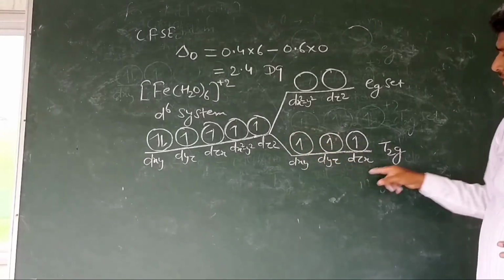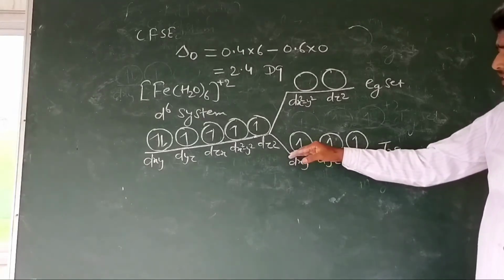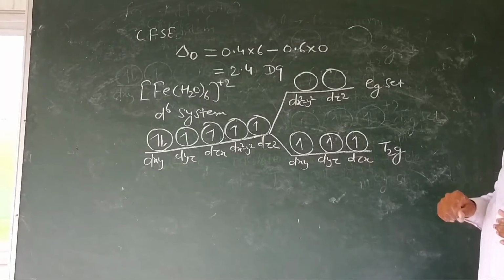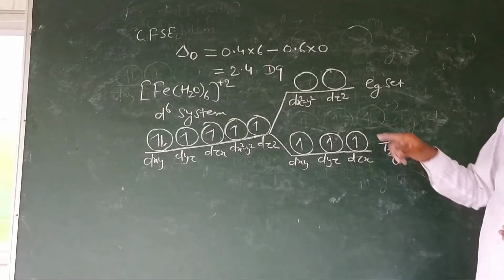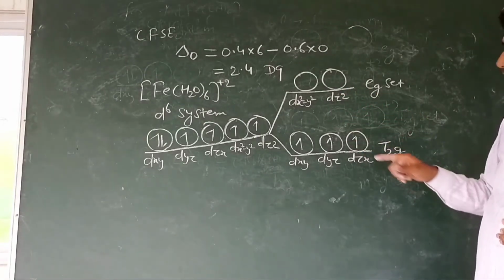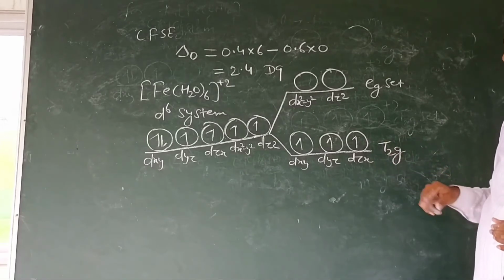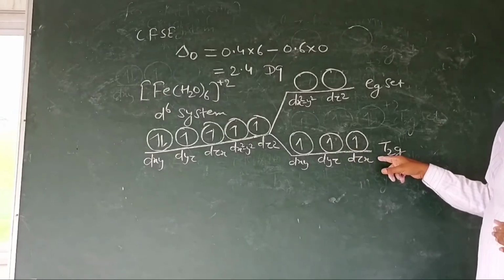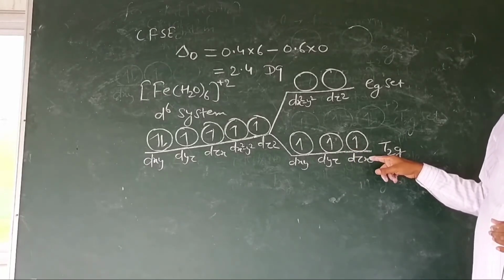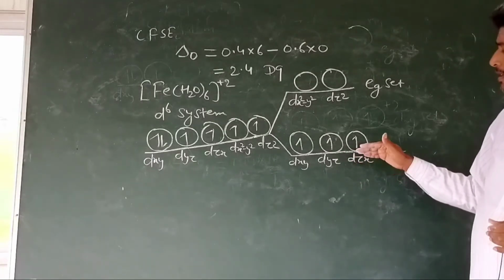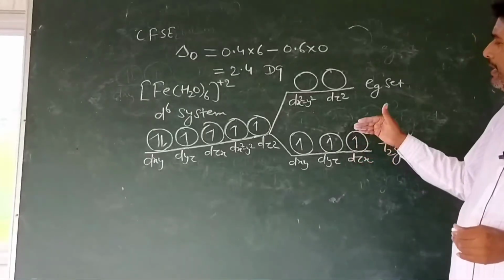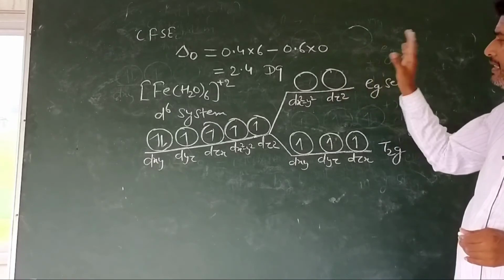Being degenerate, electrons will enter as per Hund's rule, singly with parallel spin. Water is not capable of starting pairing in T2G. After it is half filled, the remaining electrons will enter the EG state.